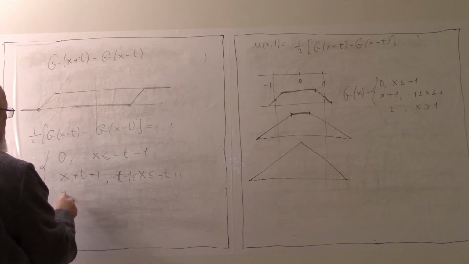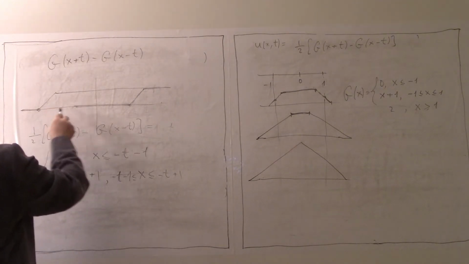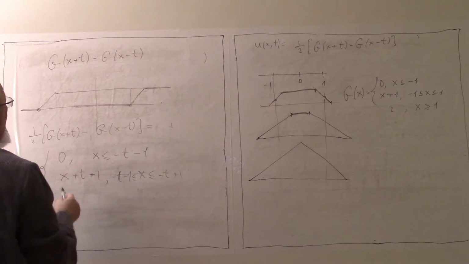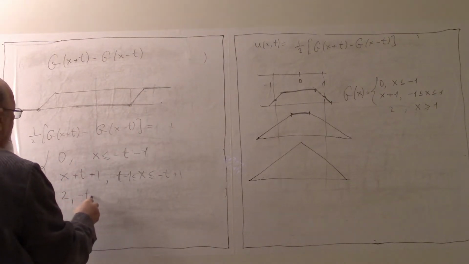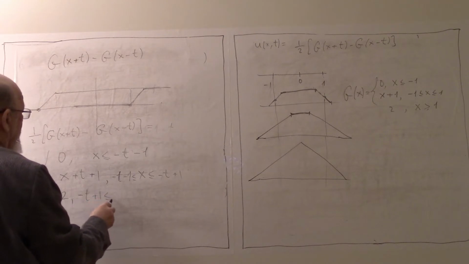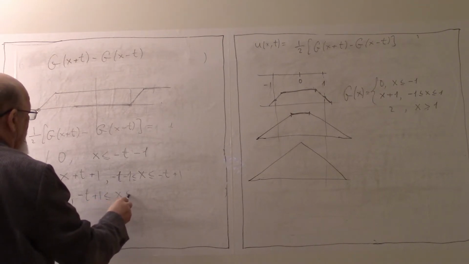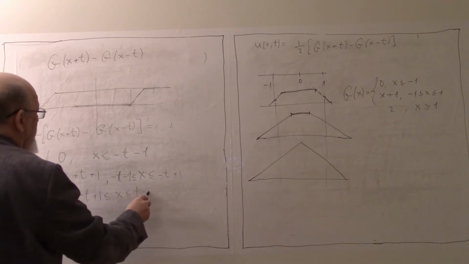Then it is 2 between this and this point, for minus t plus 1 less or equal than x less or equal than t minus 1.